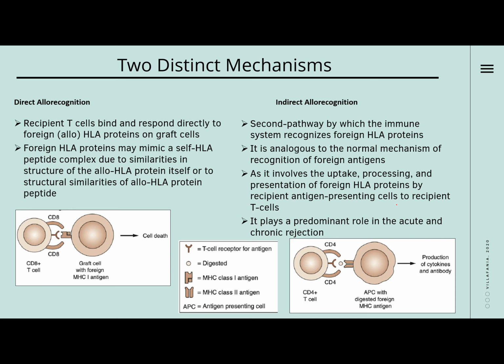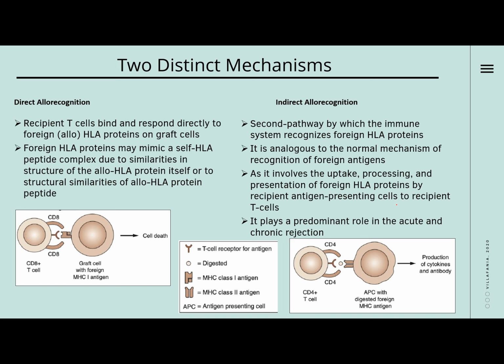They are easily able to identify. Kapag naman indirect allorecognition, secondary pathway by which the immune system recognizes the foreign HLA proteins. It is analogous to the normal mechanism of recognition of foreign antigens, as it would involve the uptake, processing, and presentation of foreign HLA proteins by recipient APCs to recipient T cells.